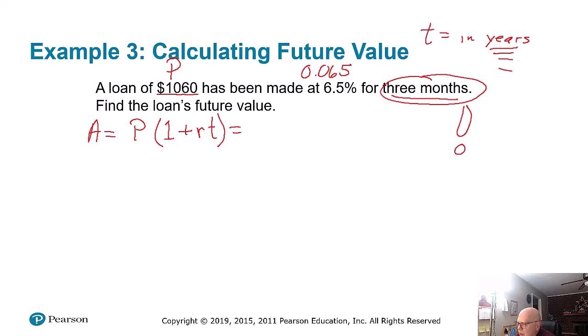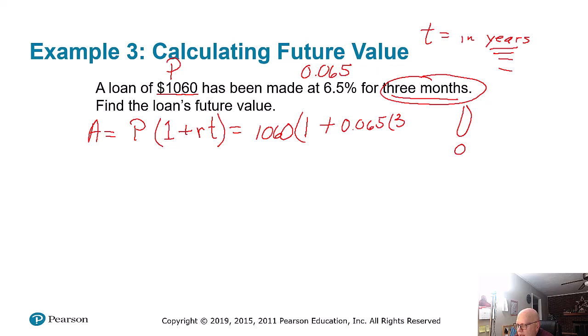Well, the principal is $1,060. 1 plus the rate is 0.065, and the years, here's the tricky one, and this is put in here intentionally to make sure that you don't make a mistake on this. Time is not 3.